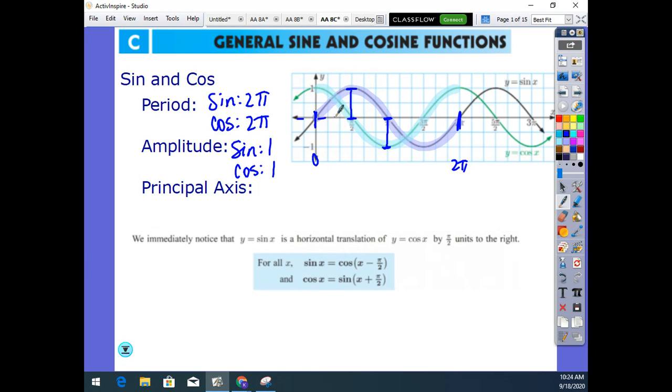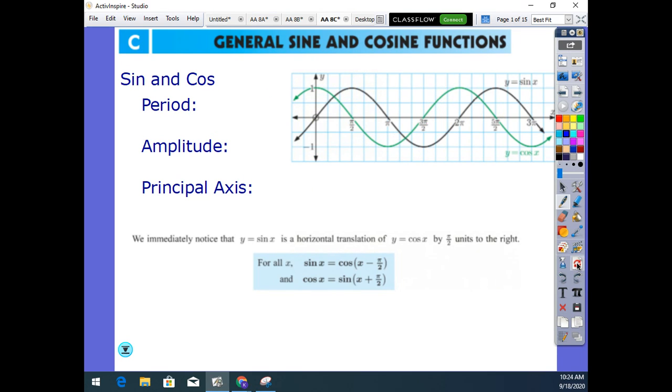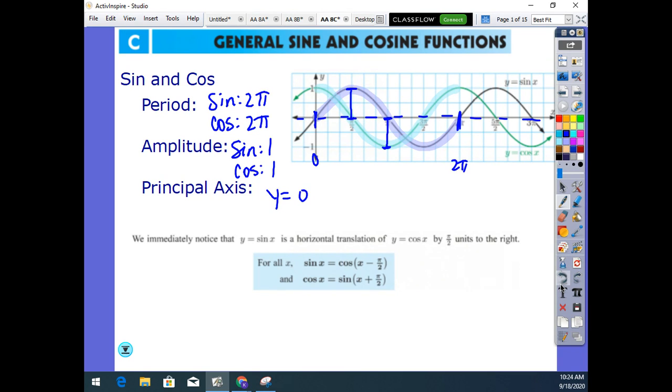Your principal axis, remember, goes through the middle. So that's just y equals 0. If you notice, let me come back to negative 2 pi with cosine.